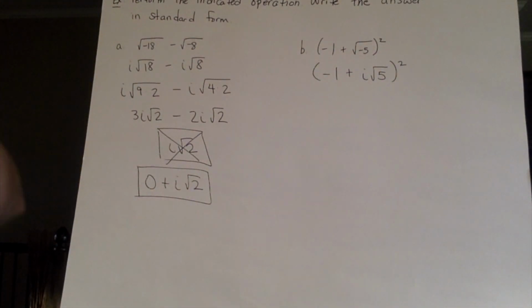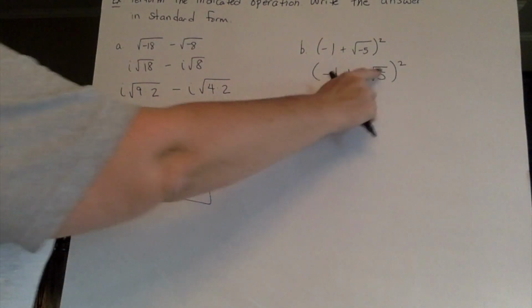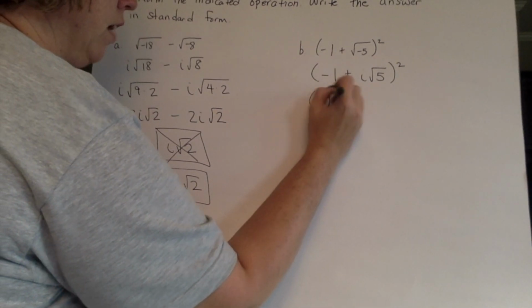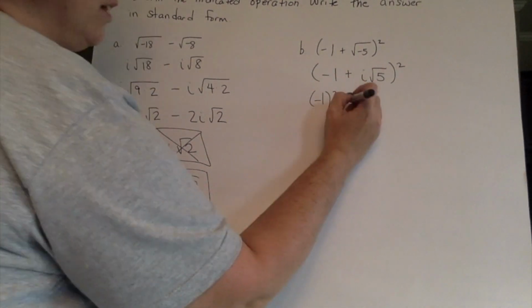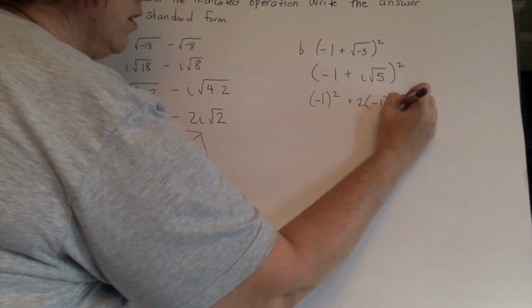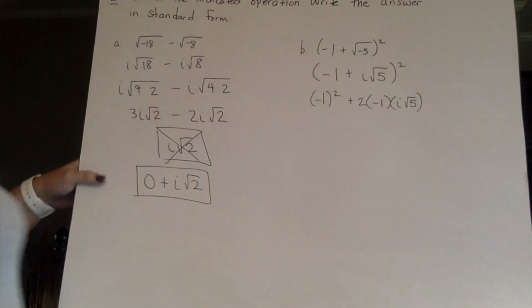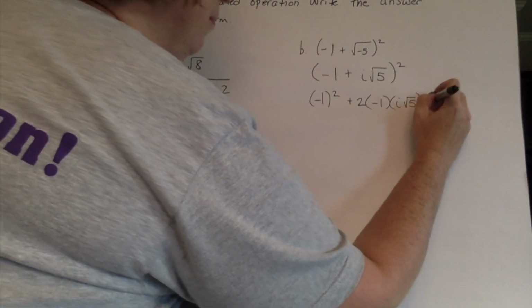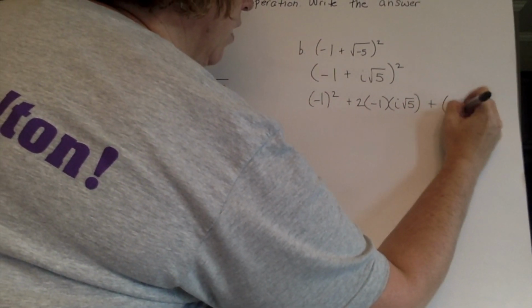Now, we're going to use the same process that we used for squaring a binomial to square this complex number. Square the first term, plus 2 times the first thing times the second, so 2 times negative 1 times i square root of 5, and then square i square root of 5.